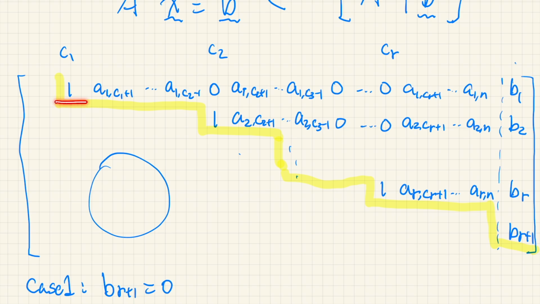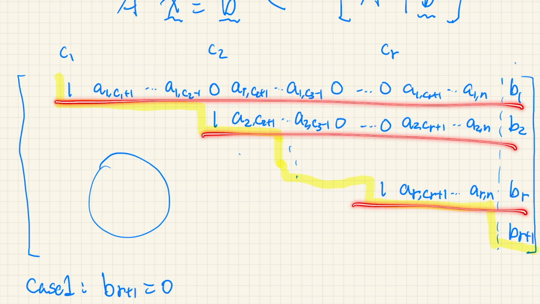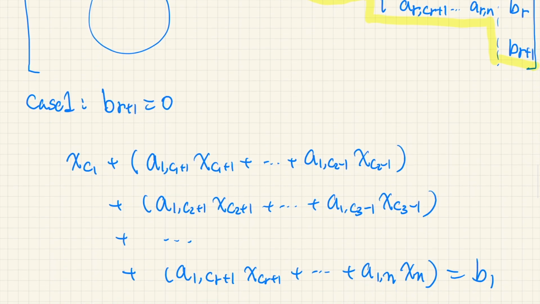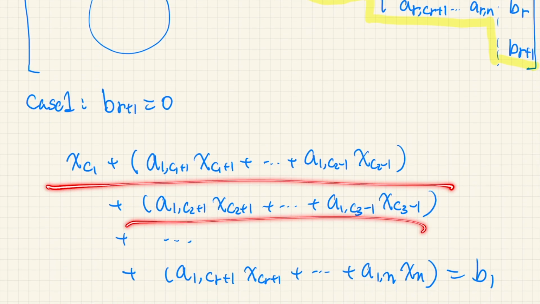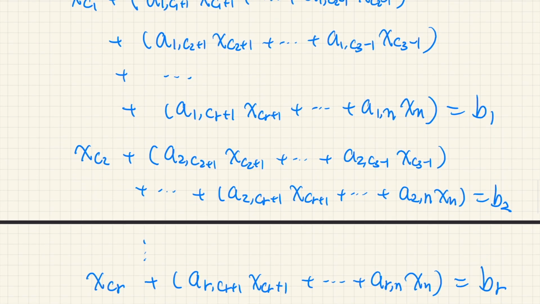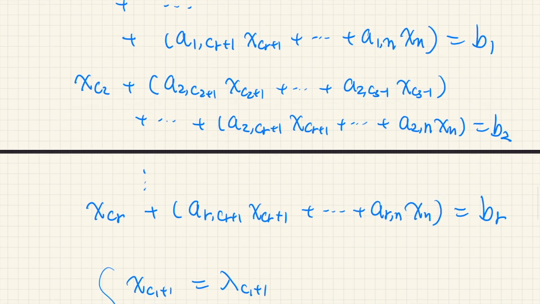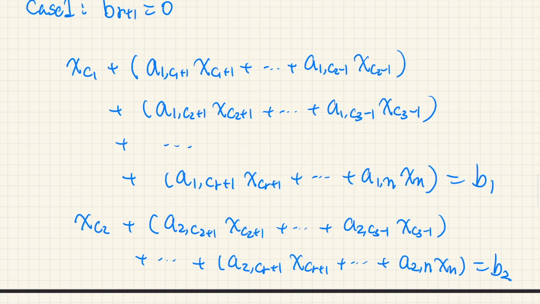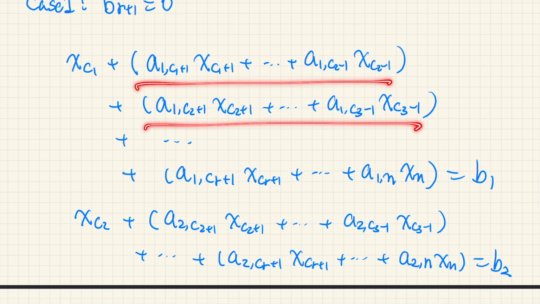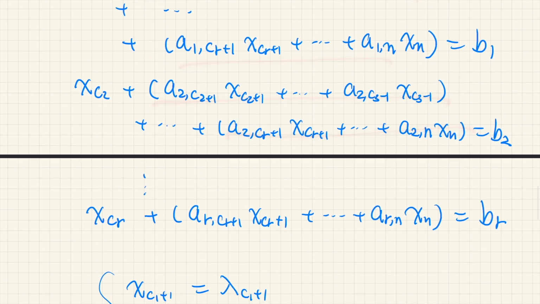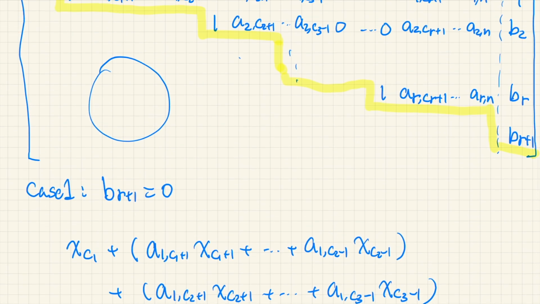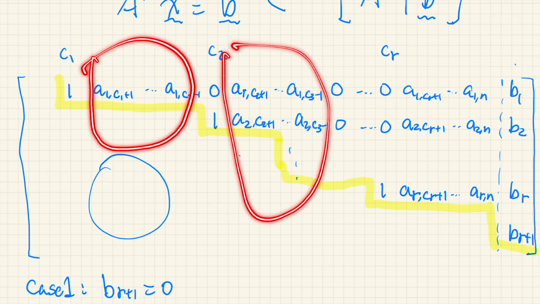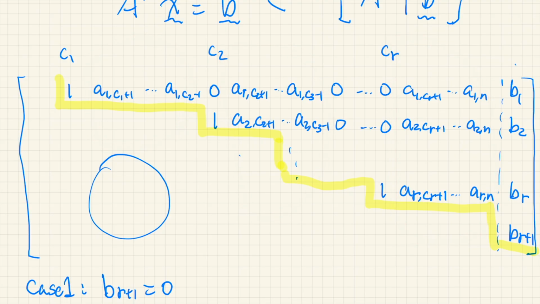In this case, each of these rows corresponds to one of the following equations. The first row corresponds to this, the second row corresponds to this, and so on, and finally the rth row corresponds to this. We have some similar expressions here in each of these equations, which correspond to these columns, which are non-pivot columns.